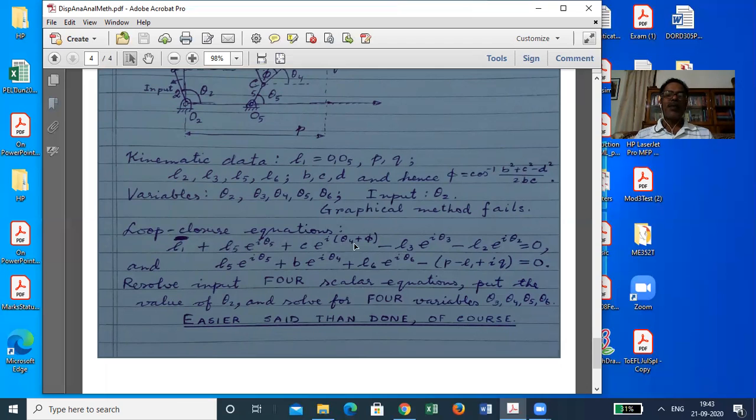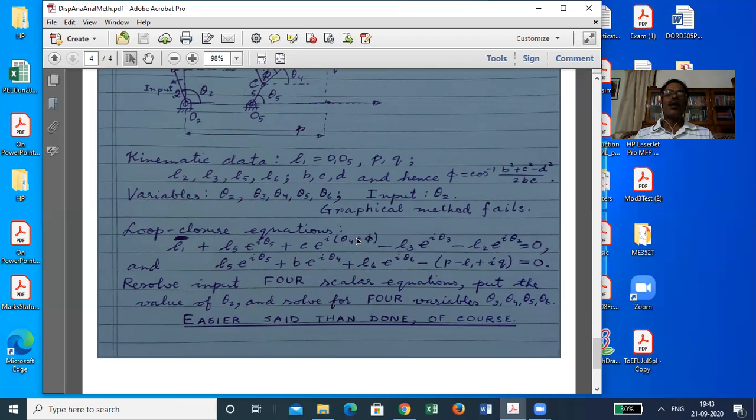Because from here, just like the way you did for the case of the 4-bar mechanism, you do a similar thing and eliminate theta 3 from these 2 scalar equations, and theta 3 does not appear in this. Then in a similar manner, from this lower equation, you eliminate theta 6, which does not appear in the upper equation.